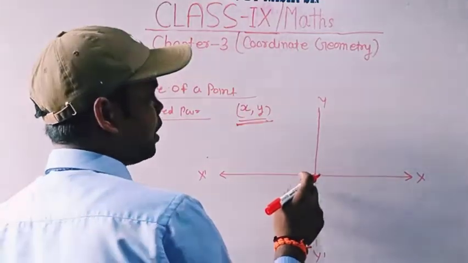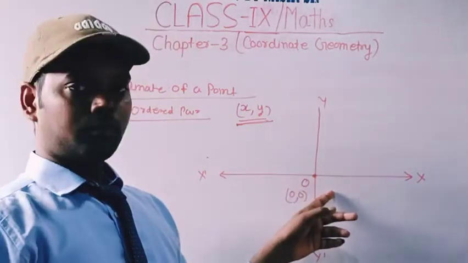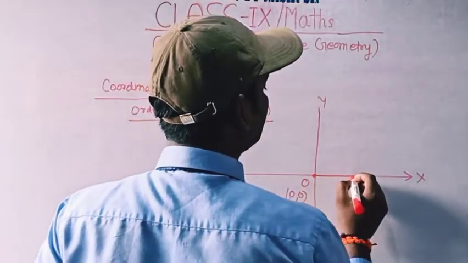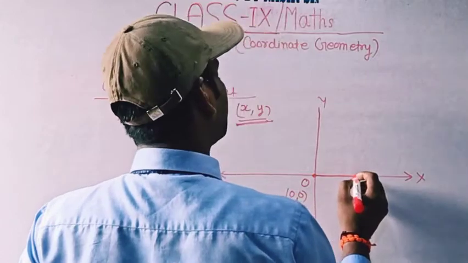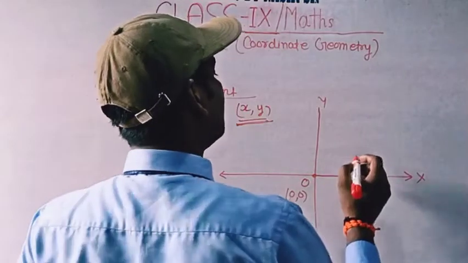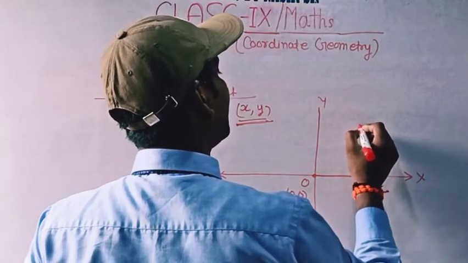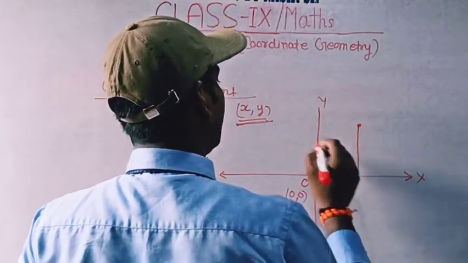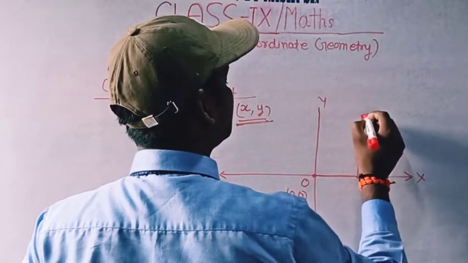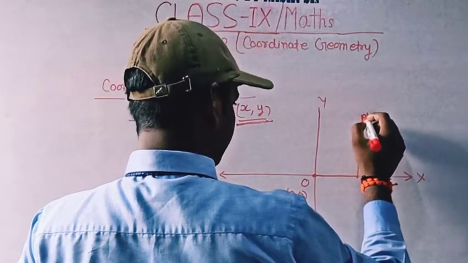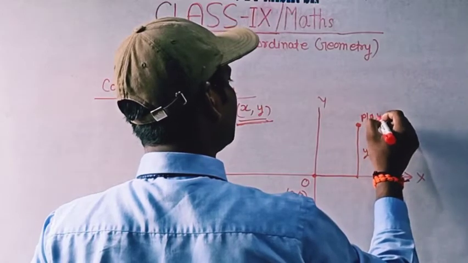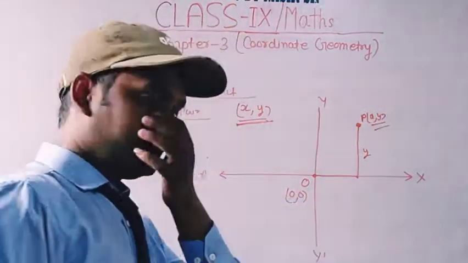So starting from O, move x units in the positive direction of the x axis, and after that turn and move up in the y direction by y units. So this is the representation or location of the point P, whose coordinate is (x, y).